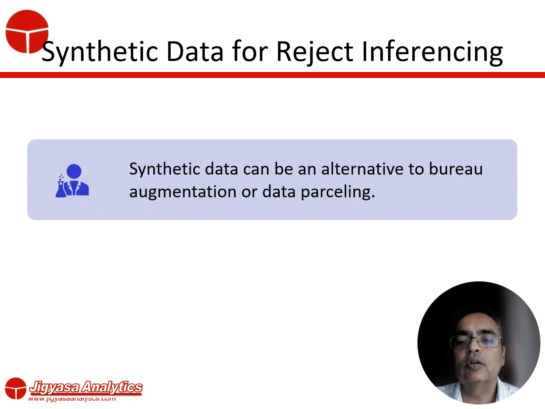And traditionally the techniques we use are we often take the rejected population and go to the bureau and get their performance from there and then include that in our modeling sample.